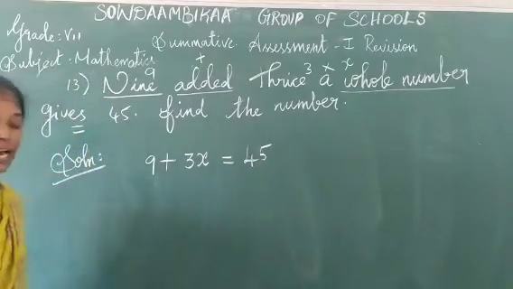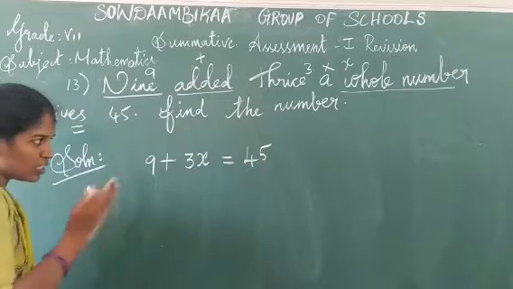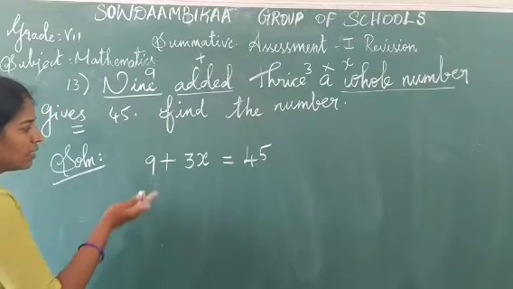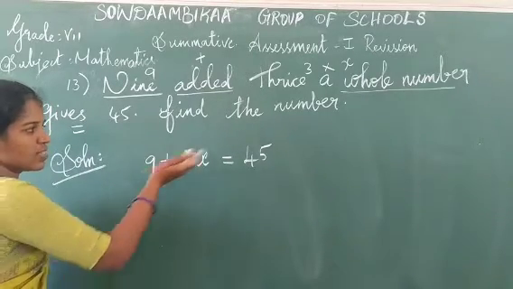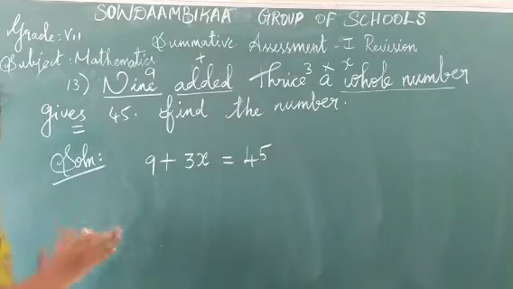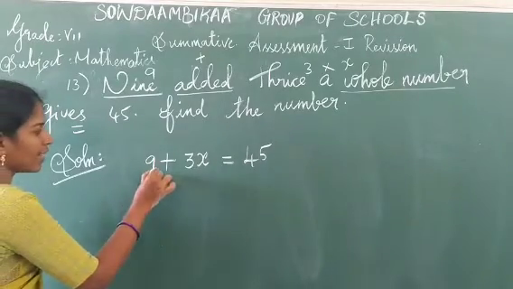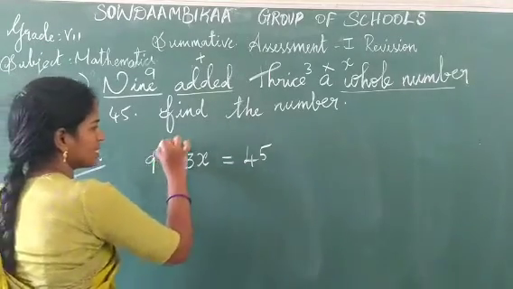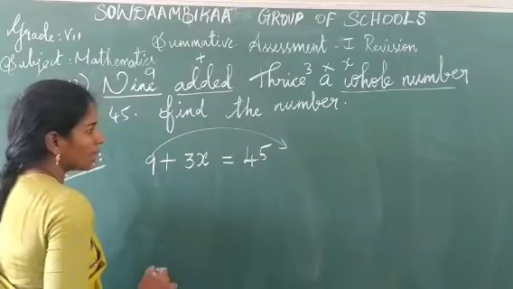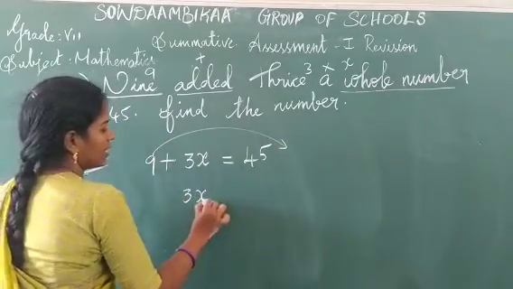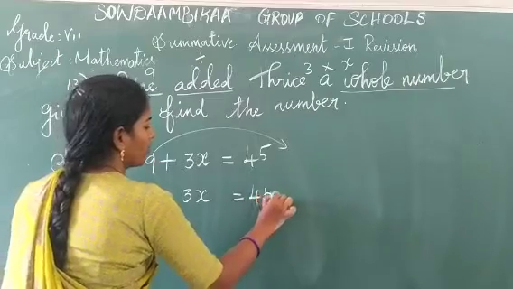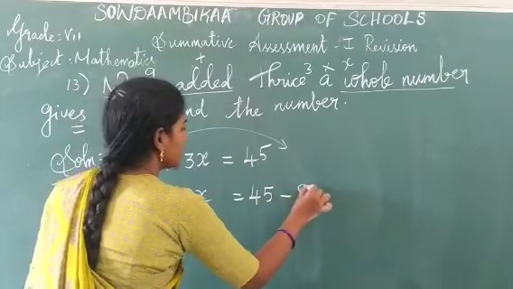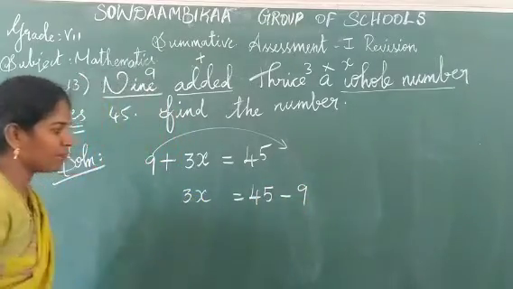Very simple dear. In algebraic sums, in an equation, LHS and RHS are flipped into two columns. This plus 9 goes to the RHS side, comes minus. Therefore 45 minus 9 will come.